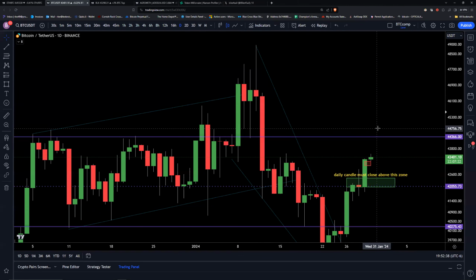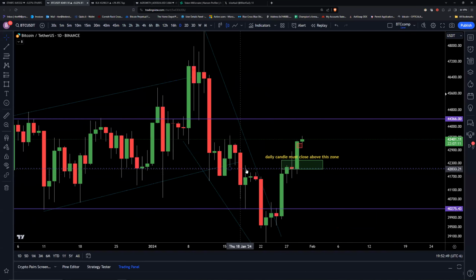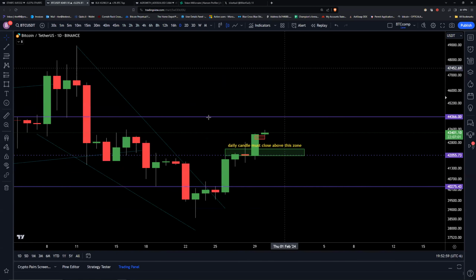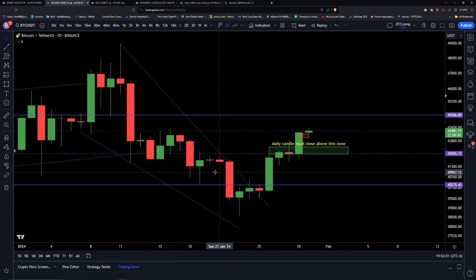Let's see. Maybe to around 45. Yeah, it really depends on what it's going to do. I mean, this did end up being, and I almost posted about this, an inverted head and shoulders. It was a lot more visible on lower time frames, but we talked about this maybe last video.